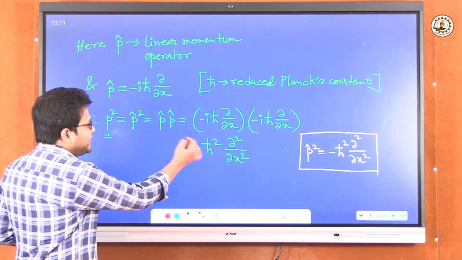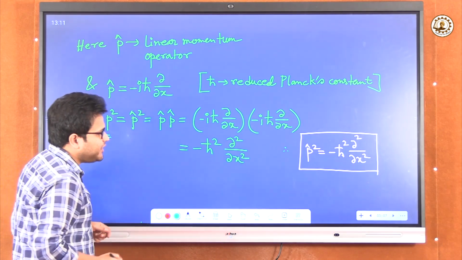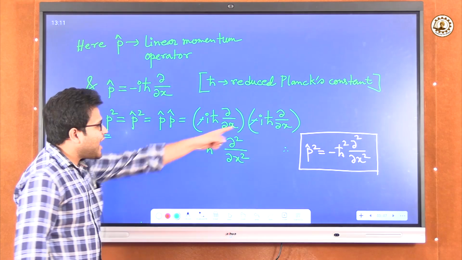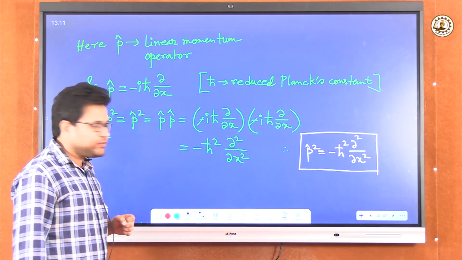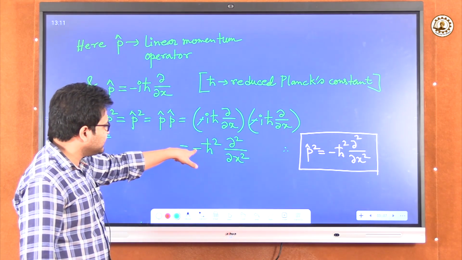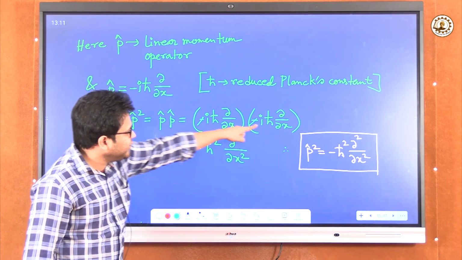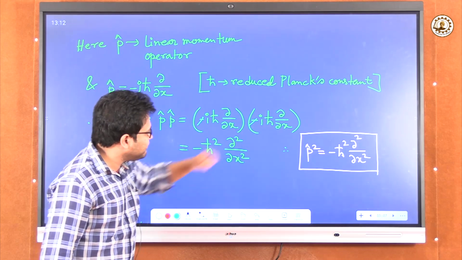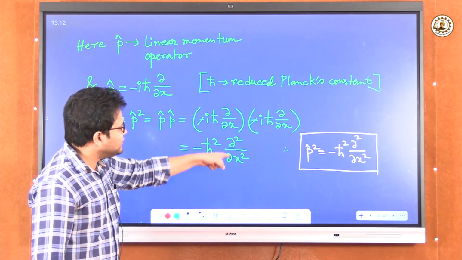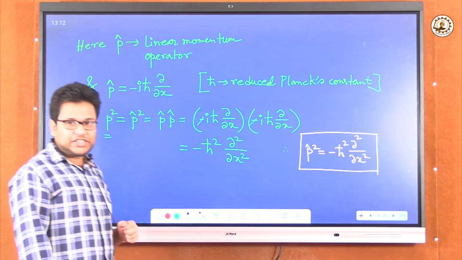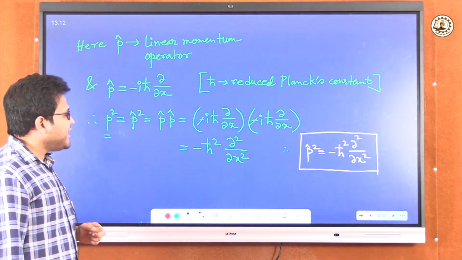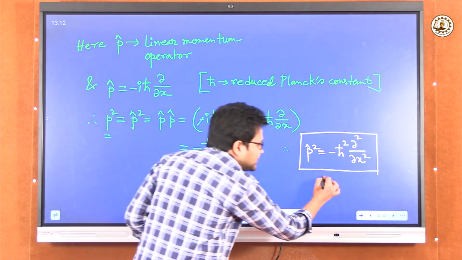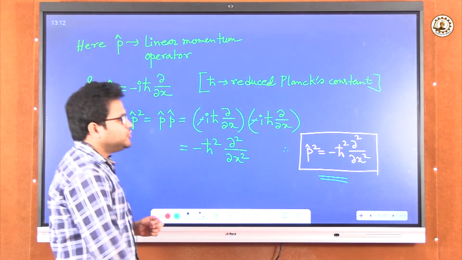If we multiply these two linear momentum operators, then the two minus signs cancel out, i into i gives us minus 1, which I have written as this minus sign here. h cut into h cut gives us h cut squared, and taking two partial derivatives consecutively, we have del 2 del x 2, the second order partial derivative with respect to x. So we have our expression for p cap squared, that is minus h cut squared del 2 by del x 2.